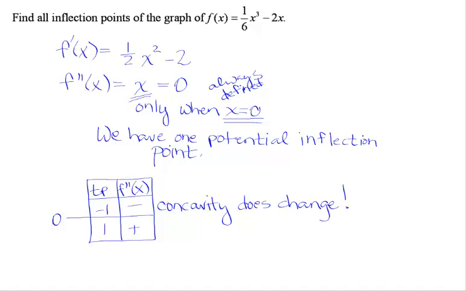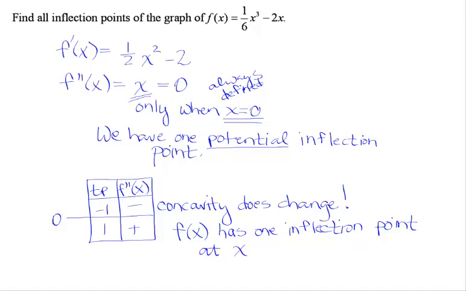When that happens, because my second derivative changes sign, I just verified that I'm no longer dealing with potential. F of x has one inflection point at x equals 0. There we are.